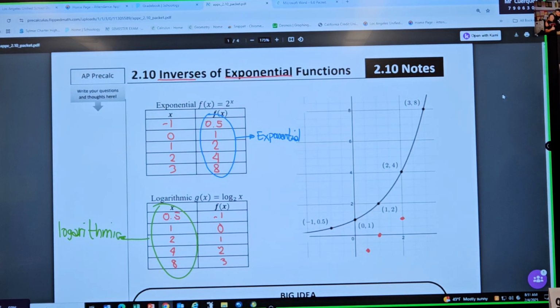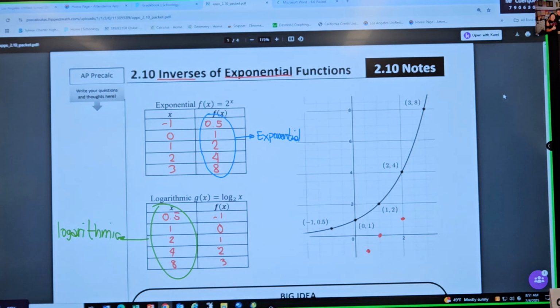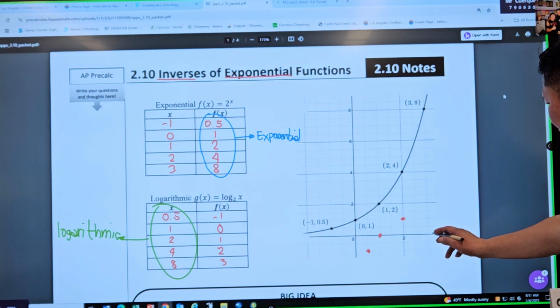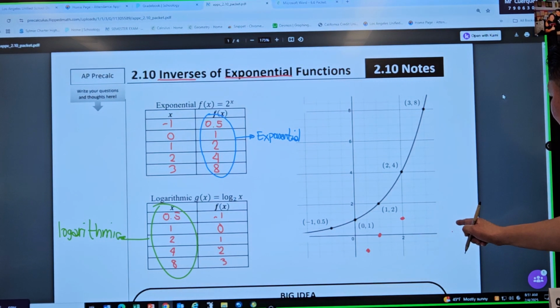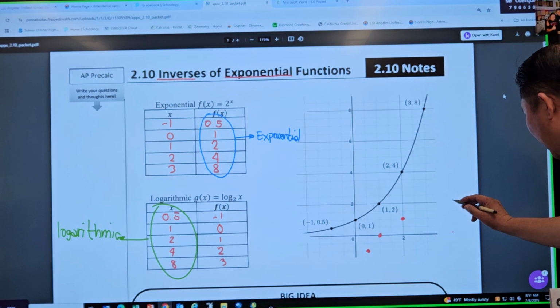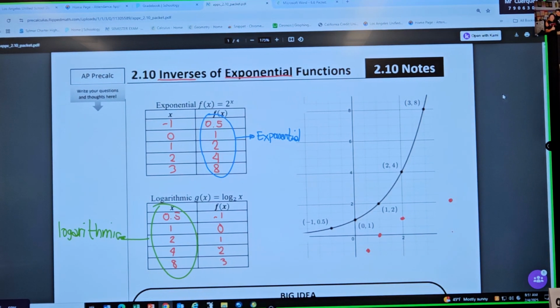And then what's next? 2 4. So the inverse would be 4 2. Okay, we're gonna extend this one. This is 3, and then let's just approximate that 4 is right here, and then 4 2. So right here. Okay, next, the last one is 3 8, therefore it's gonna be 8 3.